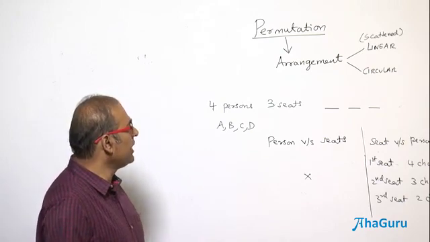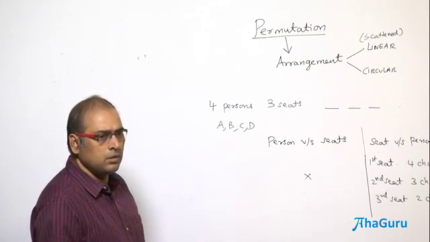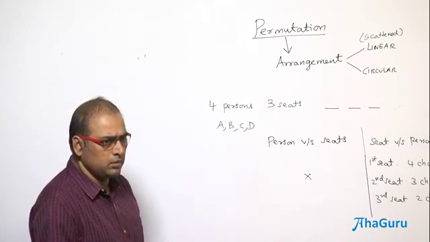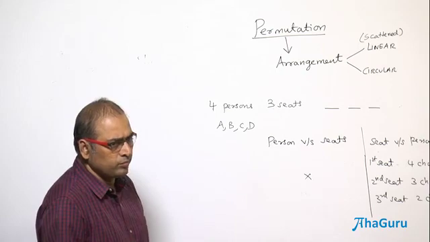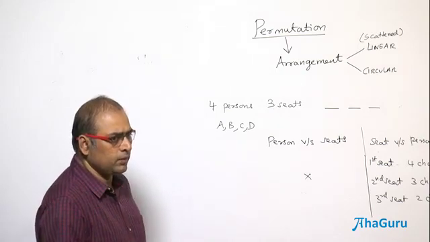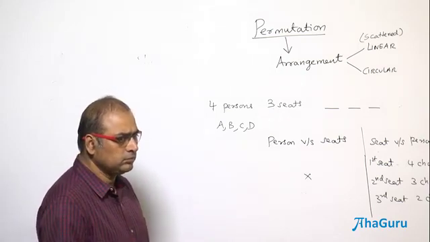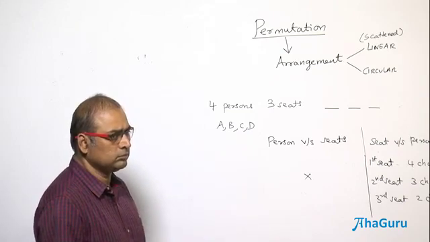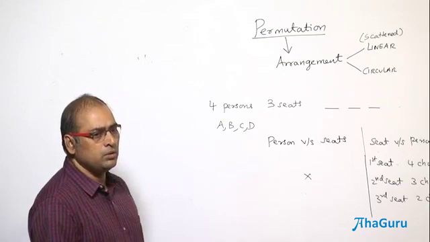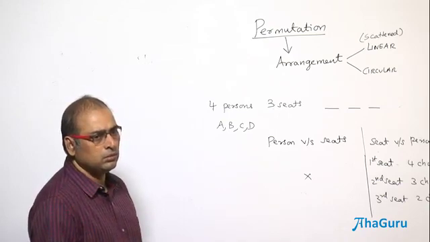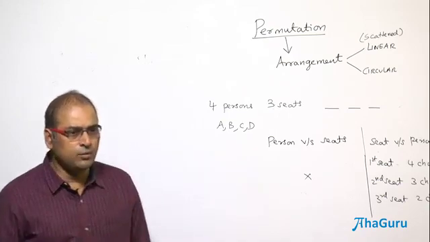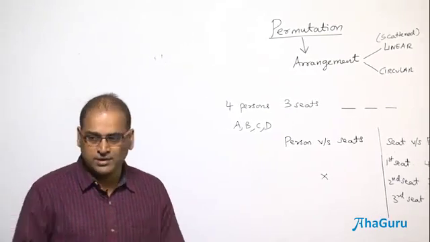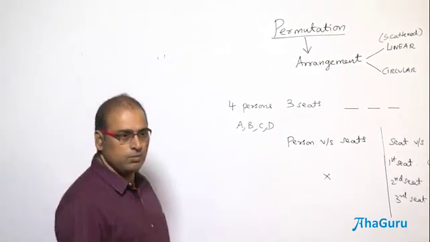Because the first person will have done any of those 4, so he has any 3 choices, sir. So the third person will have 2. No, how do you know? The second person then will not have the no-seat choice. There is a possibility that A, C, D would be occupying. You are forcing the second person to occupy a seat.